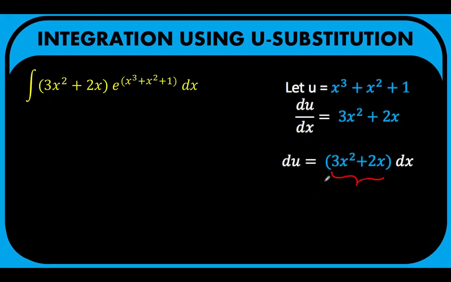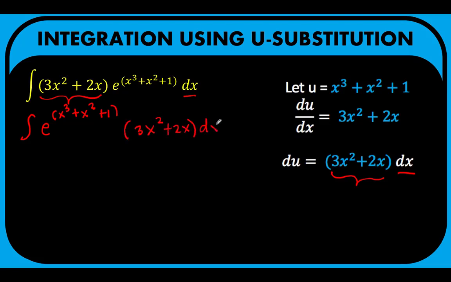Notice that our du here is 3x squared plus 2x dx. We have the factor 3x squared plus 2x, and we have this dx here corresponding to this dx. So what we are going to do is, using the commutative property of multiplication, let's rearrange the factors. So we arrive at the integral of e raised to x to the third plus x squared plus 1, and then times 3x squared plus 2x dx.